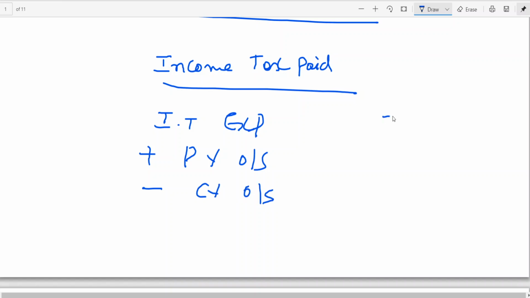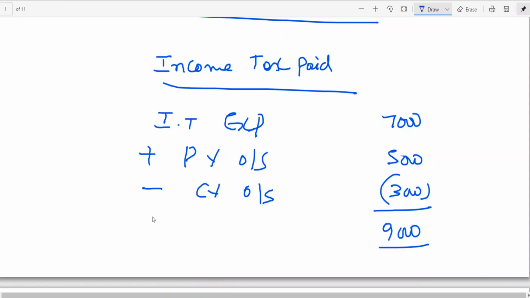What is income tax expense? 7,000. You got it in the problem. Previous year outstanding is 5,000. Current year outstanding is how much? 3,000. You deduct it, and then you get the income tax that has been paid. So 9,000 rupees is income tax paid.